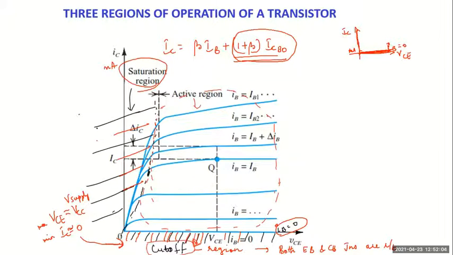What is happening in the saturation region? What are the characteristics of the saturation region? First thing, both junctions are forward biased. What else? What will happen to the current through the transistor and the voltage across the transistor?